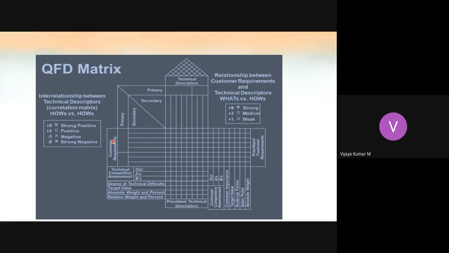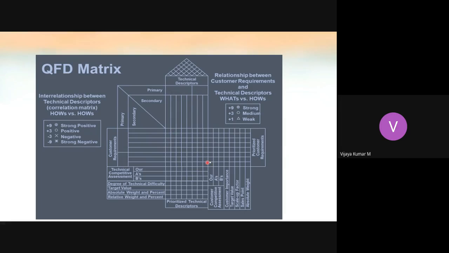In this way, the interrelationship between the customer requirements and the technical descriptors, this particular matrix will be filled with the help of this scale, that is strongly preferable, medium preferable, or weakly. Generally the primary customer requirement and the technical descriptors managers will sit together.